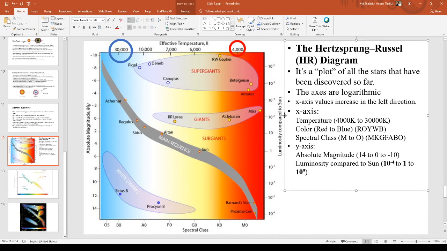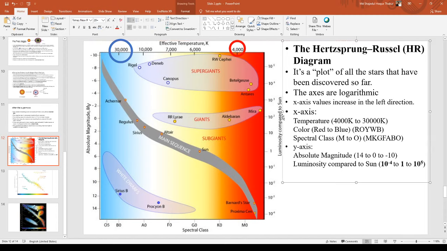All right, so luminosity compared to sun goes from 10 to the power minus 4 to 1 to 10 to the power 5, and the absolute magnitude goes from 14 to 0 all the way up to minus 10.